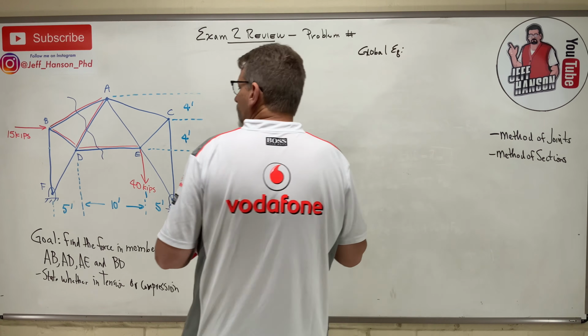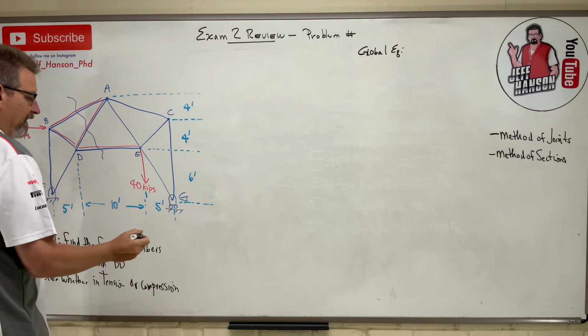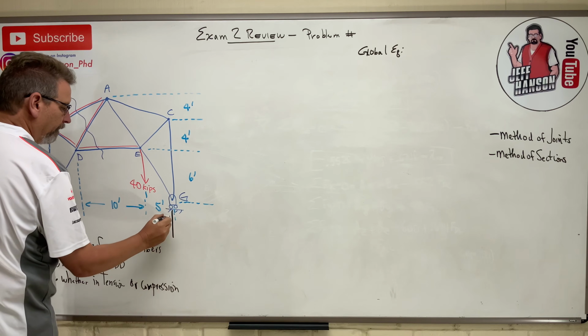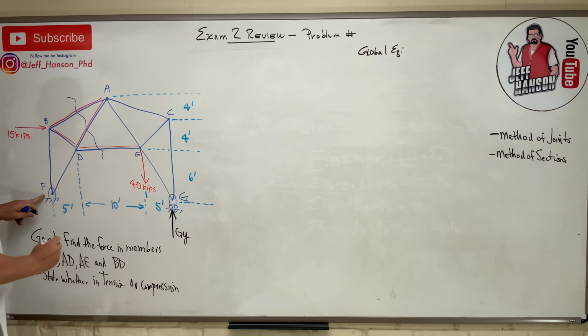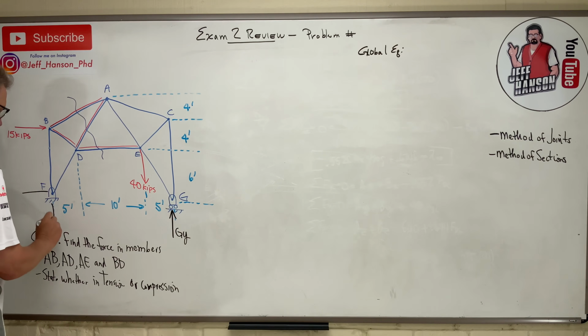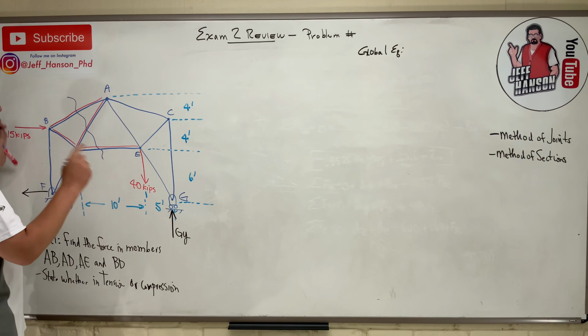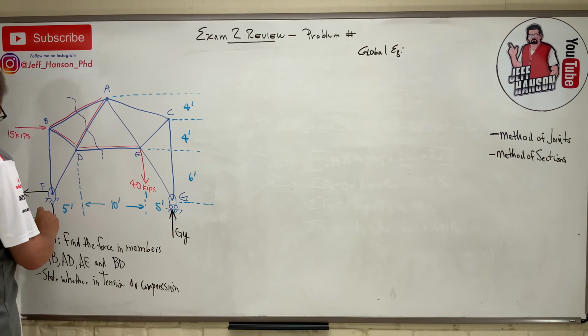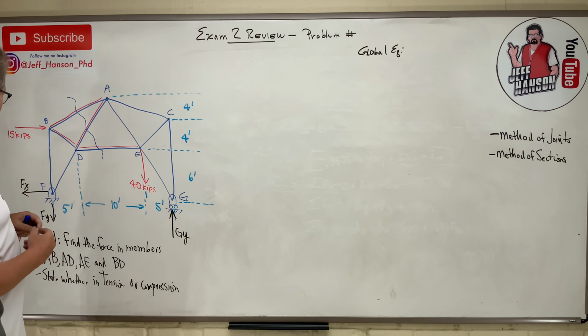All right, so here we go. And what do we have here? We have a normal force over here, so a GY, and then this is a pin connection. So we're going to have FY and FX. And you might ask yourself, how'd you get those directions?